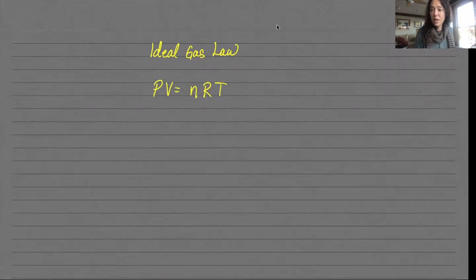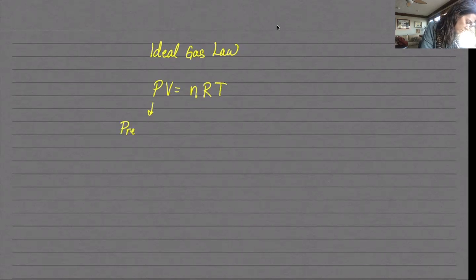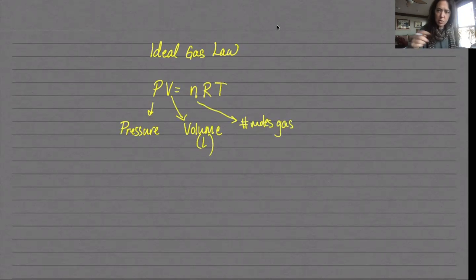Some people call it the Pivnert equation, right? Or the pervert equation. This is obviously your pressure. This is obviously your volume, and your volume must be in liters. You cannot plug in milliliters into this problem. It will be wrong. Your n is your number of moles of gas. And in order to use this gas law, you must be dealing with gases.